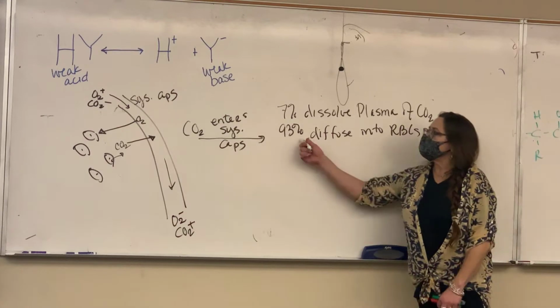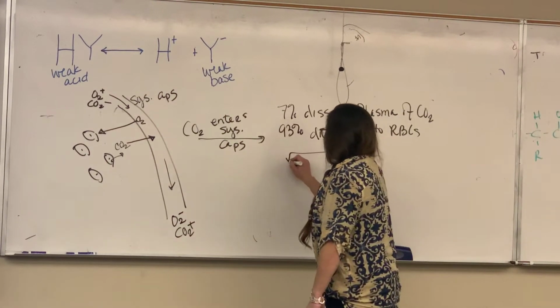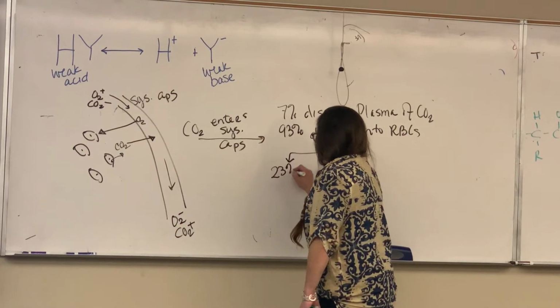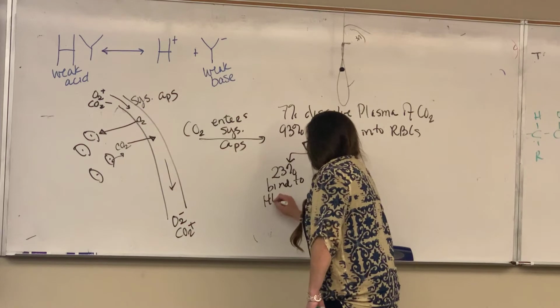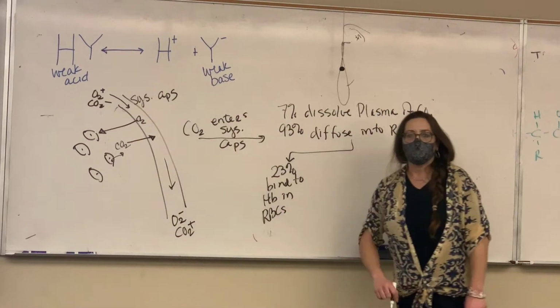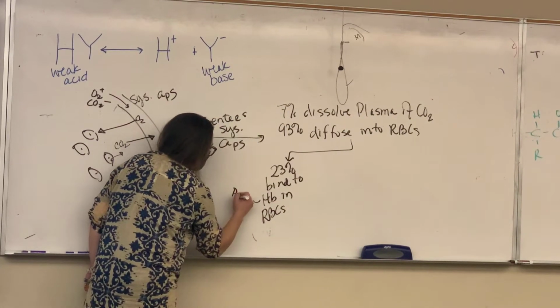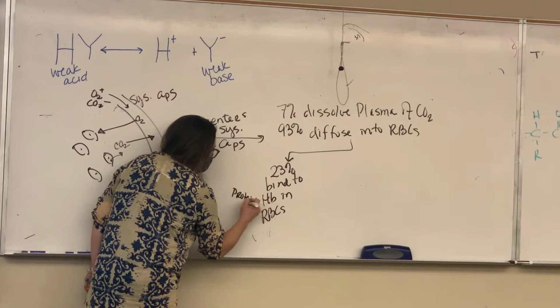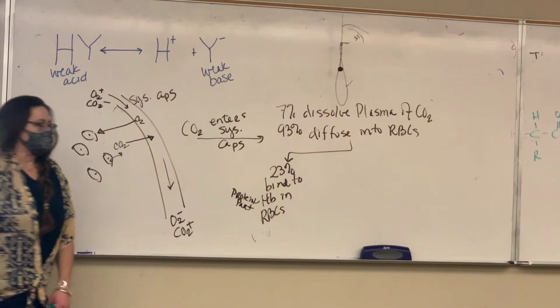And of that 93% of your CO2 that diffused into a red blood cell, 23% would bind to hemoglobin in your red blood cells. And it would bind to the protein part of hemoglobin. So we learned that when we did the respiratory system, okay?